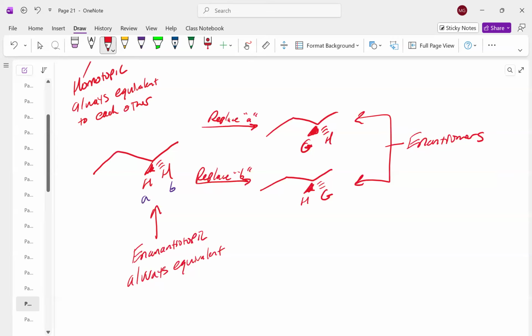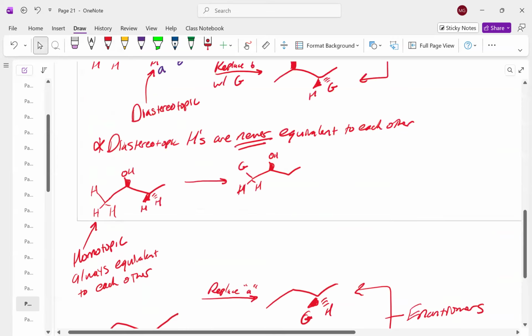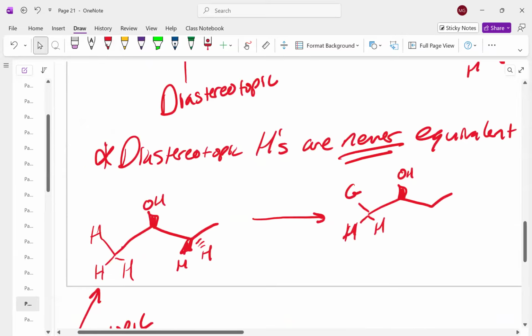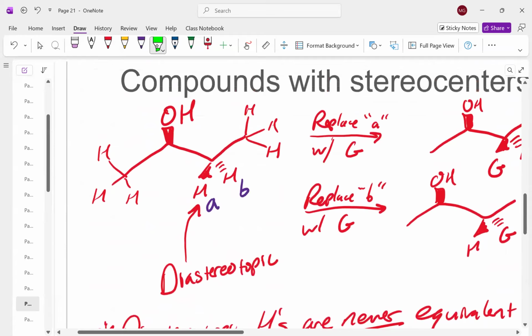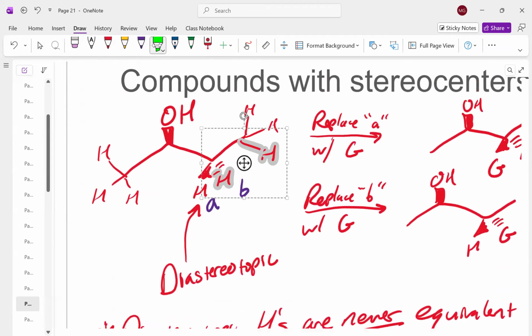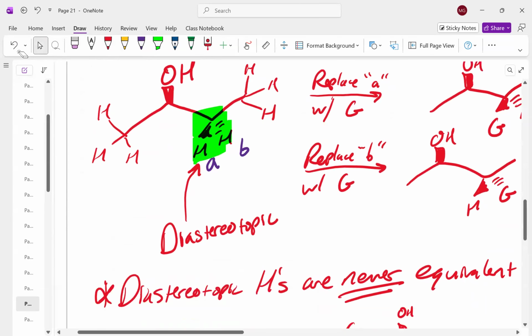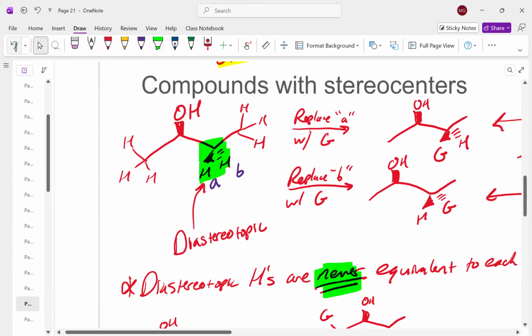So the simple thing to look at is that if you have a chiral center like this, and you've got a CH2, those CH2 hydrogens are going to be diastereotopic. And diastereotopic hydrogens are never equivalent to each other.